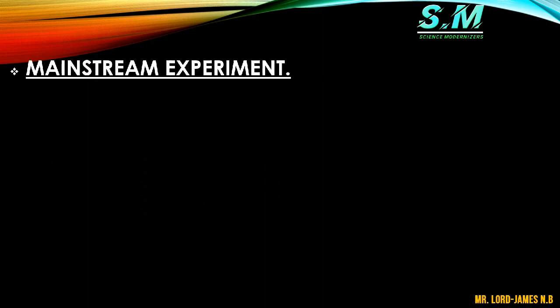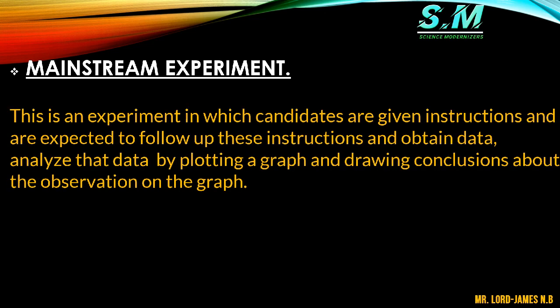So the next is the mainstream experiment. Now here the experimenter is actually given a list of instructions to follow in order to verify a given phenomenon. This is an experiment in which candidates are given instructions and are expected to follow these instructions and obtain data, analyze that data by plotting a graph and drawing conclusions about the observations on the graph.